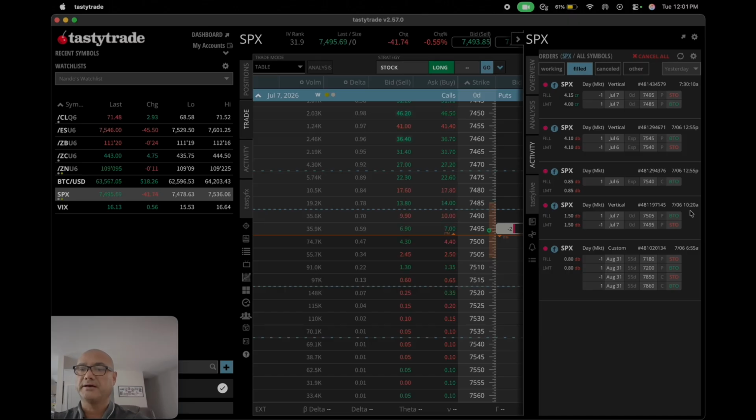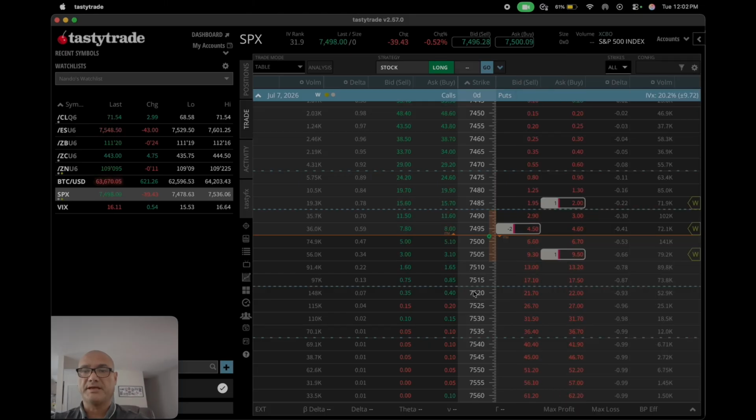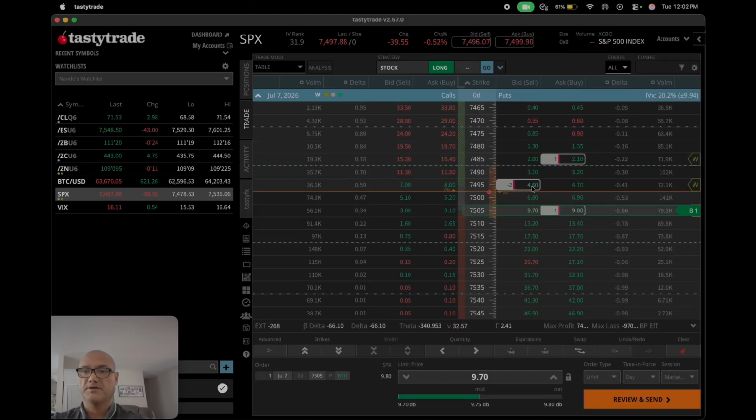I put on an out of the money put spread for $1.50, and the strikes were 75.05, this is the one I bought, and then I sold the 74.95, which is $10 away from the one that I bought. So that's simply a vertical spread. I guess you can call it a bearish put vertical, and I paid $1.50 for it.